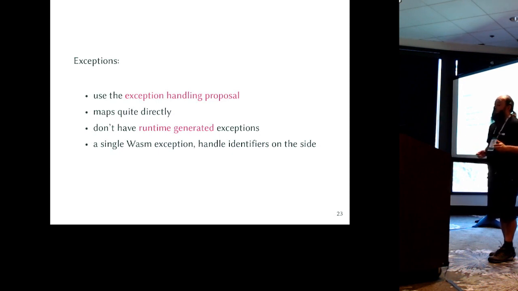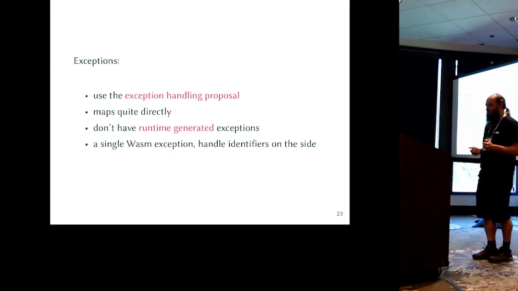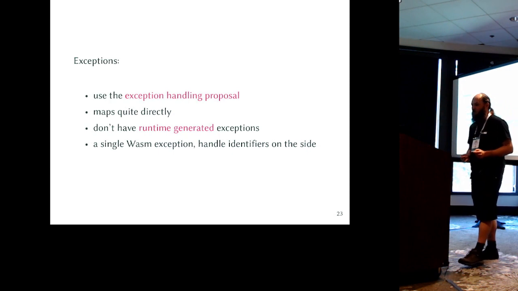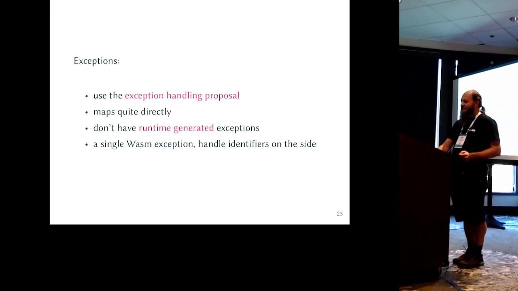It was C++ that was the main reason for that. We don't care. We are okay to just steal the proposal. So we basically just use that as is, and it basically allows to represent OCaml exceptions without any trouble. And I think other languages are not going to have problems with that.